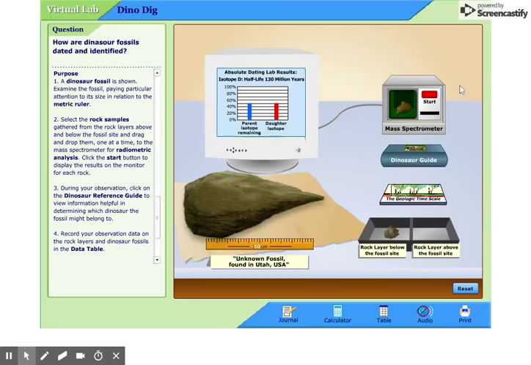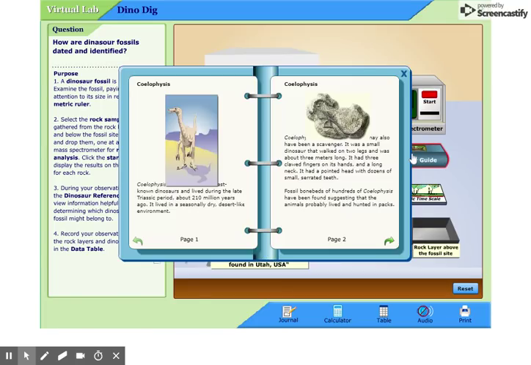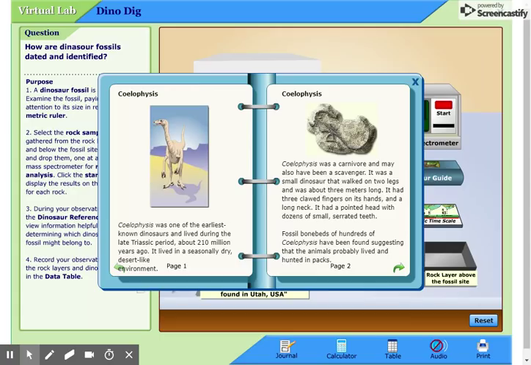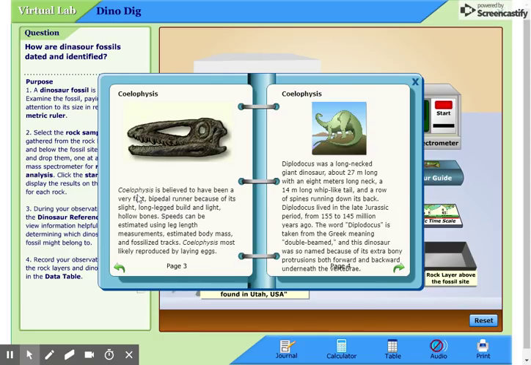Ladies and gentlemen, I am not going to identify this species for you. I am going to direct you to the dinosaur guide. The dinosaur guide will provide you with the information necessary to identify this dinosaur. You need to read the information. You can see this dinosaur has 3 pages of information.